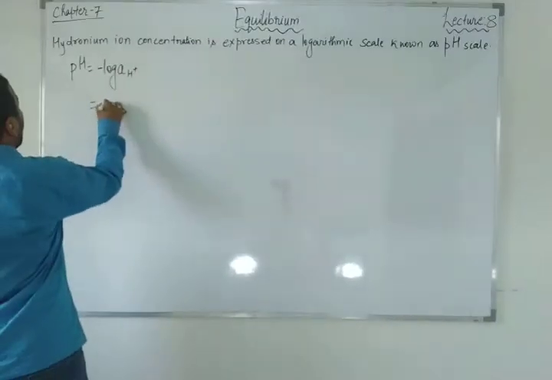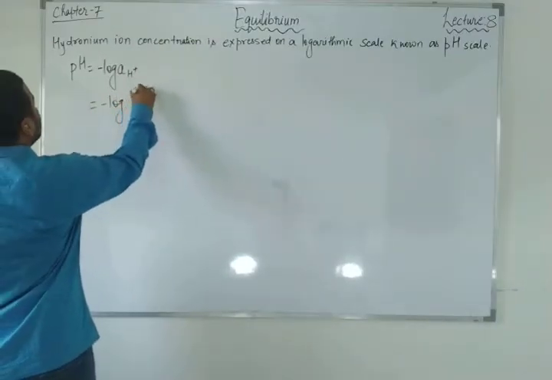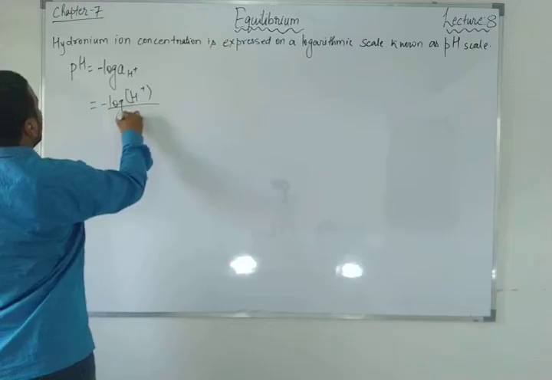Okay, now I will directly come to pH is equal to minus log a H plus. So what will be the value of log? The pH value will be minus log H plus concentration upon mole.